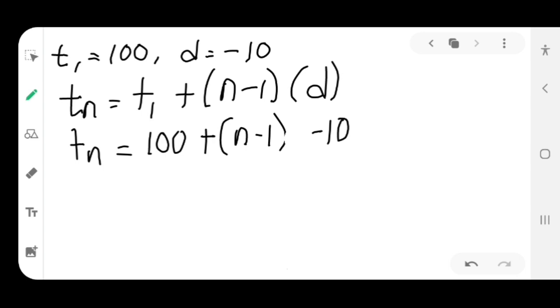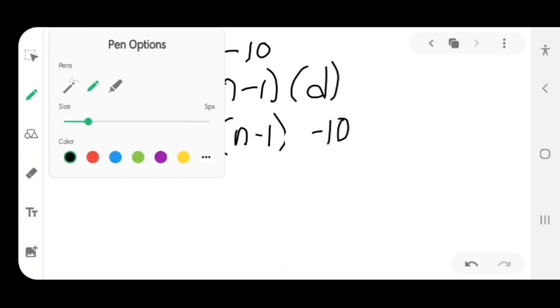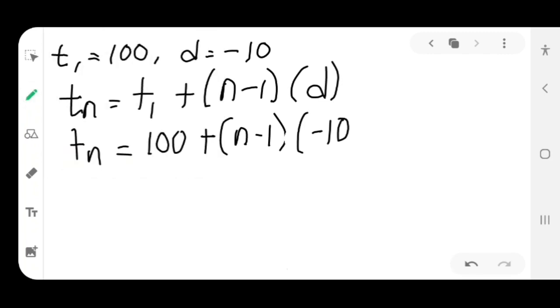So that is why we are going to enclose the common difference in parentheses. It is important, again, to enclose the common difference, especially if it is negative, in parentheses. Because if not, the operation will change from multiplication to subtraction. Let us now simplify the equation.